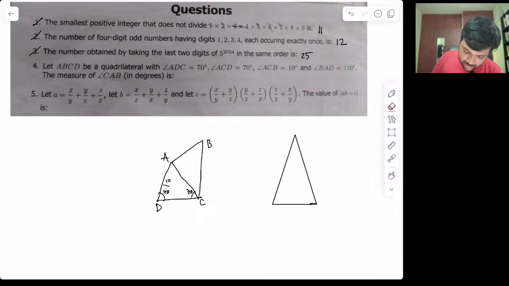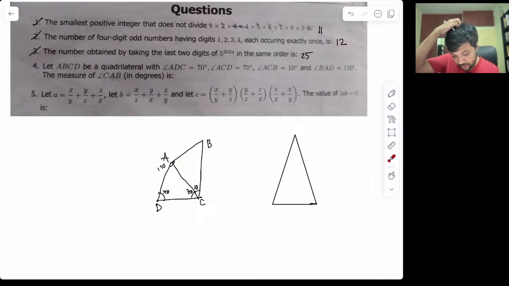So ACB was 10 and BAD was 110. Okay, BAD was 110 here. And you want to know CAB, so you need to know this angle.